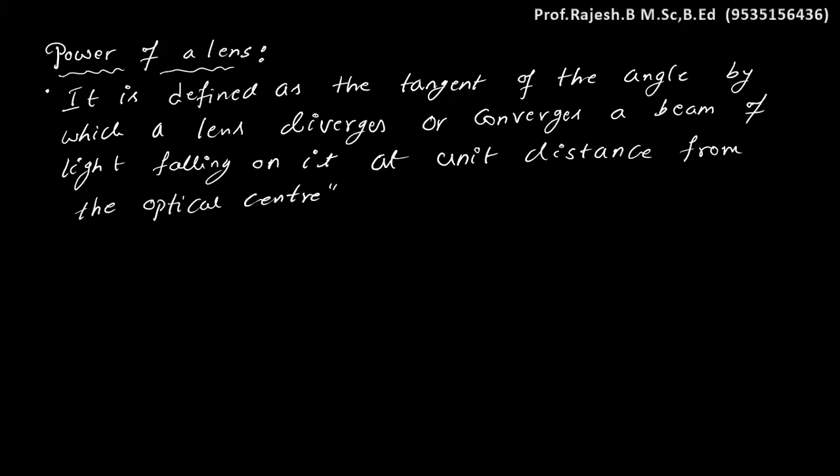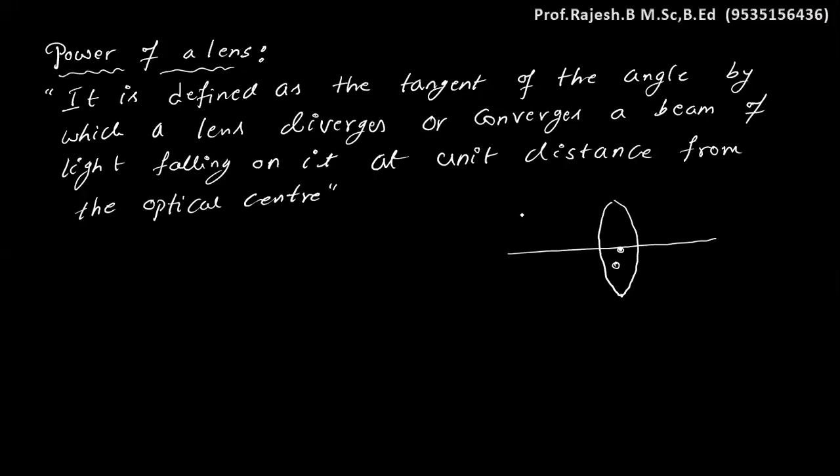Okay. So it is basically an ability of a lens, how much it converges or diverges. So the power depends on how much the lens bends the light. Suppose I take a convex lens here, the principal axis is here, and this is the optic center.